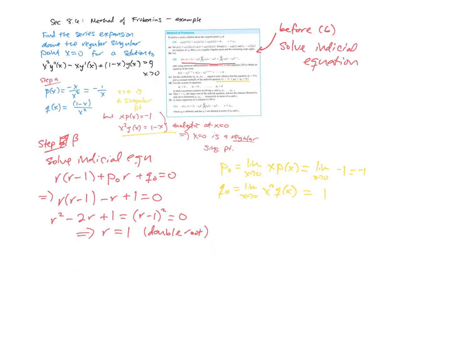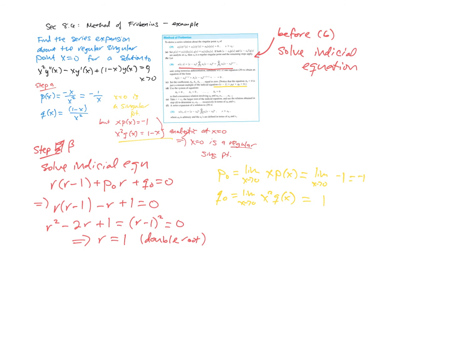Okay, so our next step, I'm going to make this really small for a second, and then I'll fix it at some point. So now we're on step B for real, where we're going to have our solution that looks like W of R of X equals X to the R times the sum from N equals 0 to infinity of A N X to the N, which equals the sum.